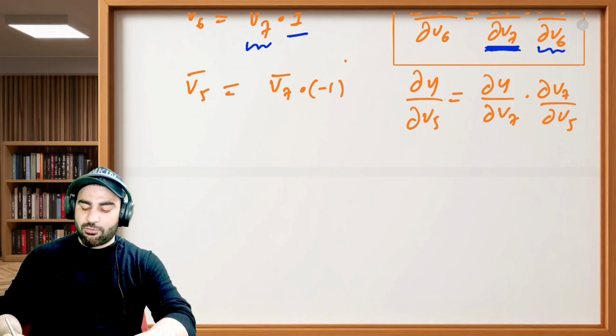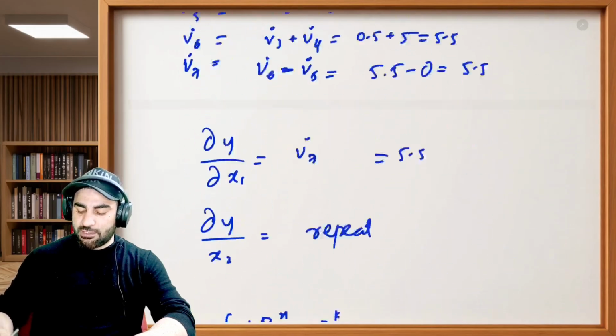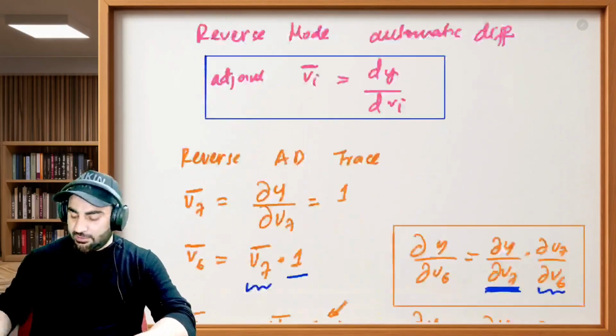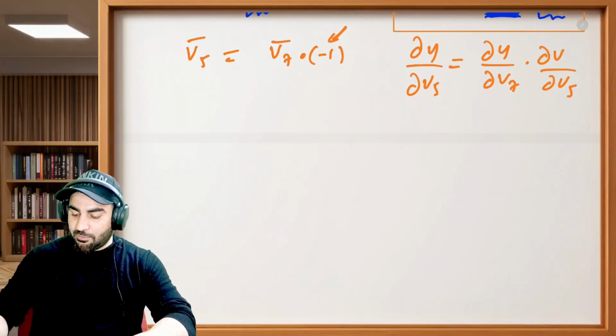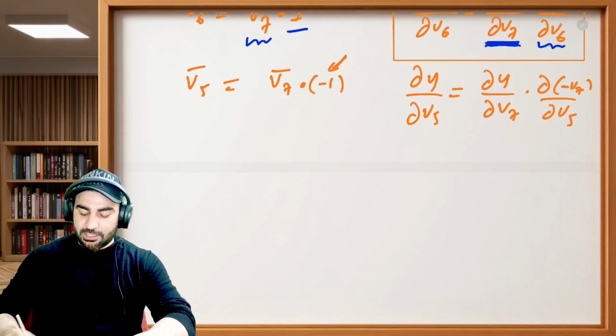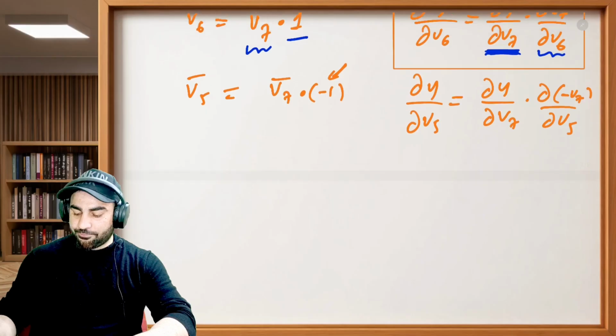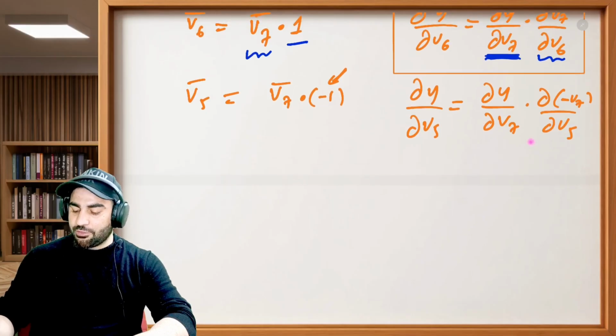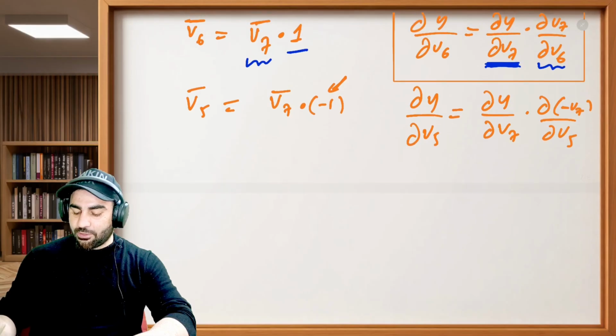How did you get this minus 1 over here? Because this is not just v7, this is minus times v7. That's why you got this minus 1. If you take the derivative of this, it will be minus 1 because of this minus sign, and you have this dy.